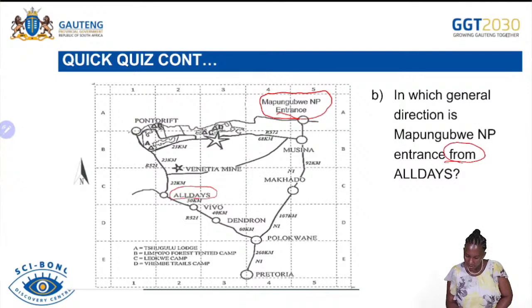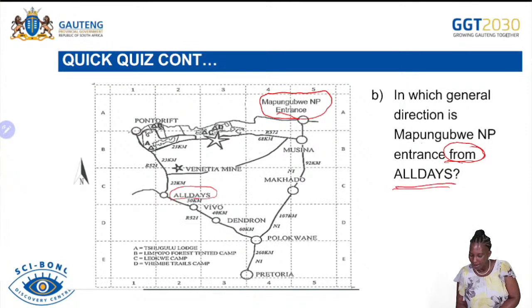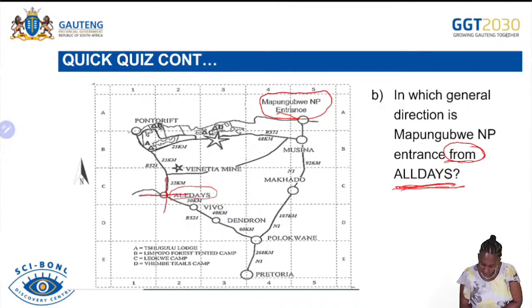The keyword is from. That means if it says from, you don't start from the first given word, but you draw your compass direction from the second name given. So it says from Alldays. There you go, there is your Alldays.